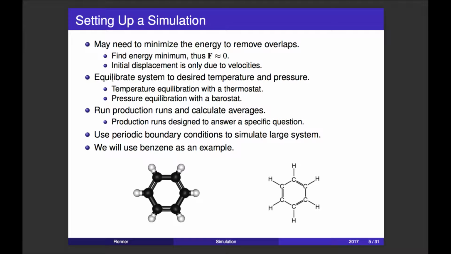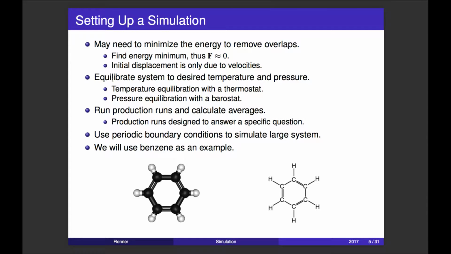So you give them initial velocities, and this is a typical way to start the simulations so that they run without any dramatic effects. But since you're starting at an energy minimum, it's not at a typical energy given the conditions that you're interested in.